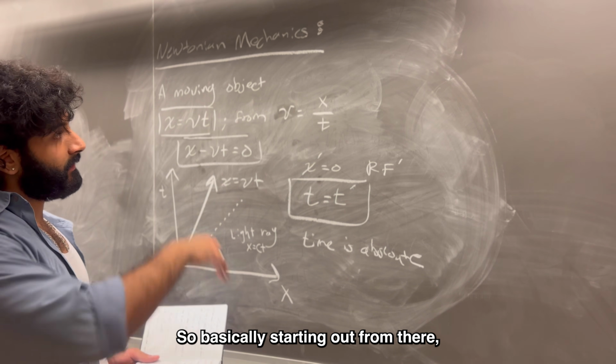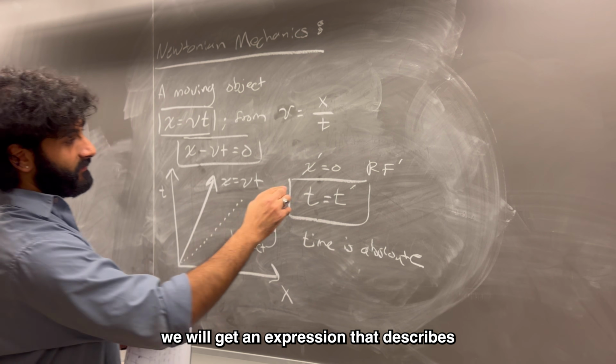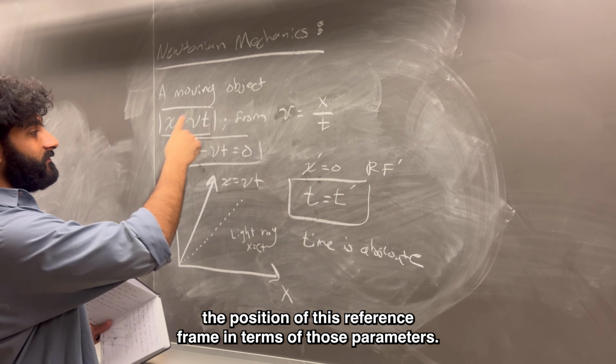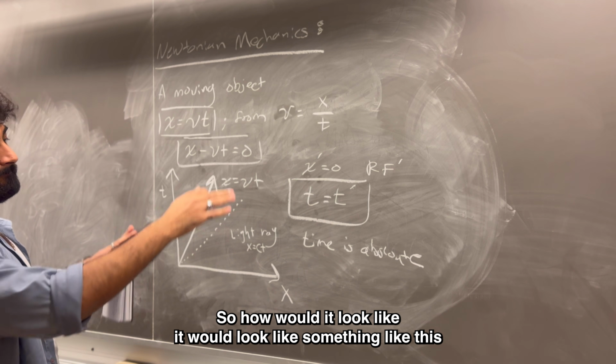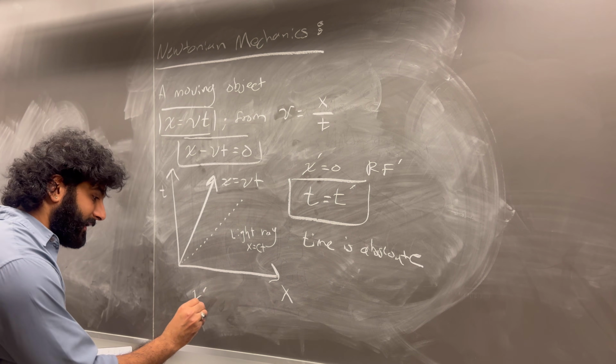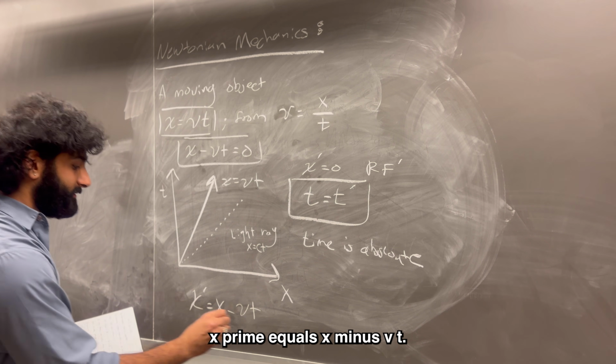So basically, starting out from there, we will get an expression that describes the position of this reference frame in terms of those parameters. So how would it look like? It would look something like this. x prime equals x minus vt.